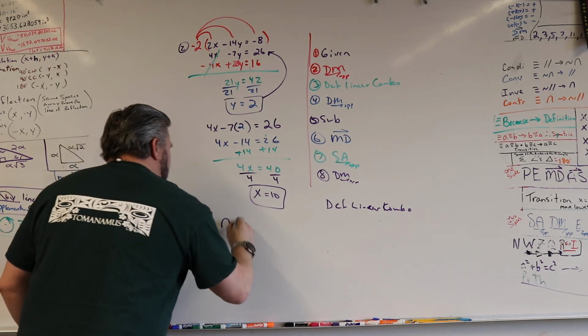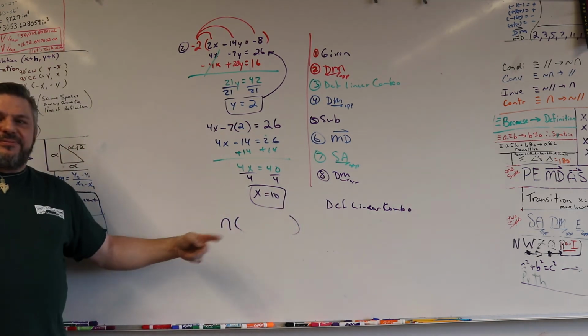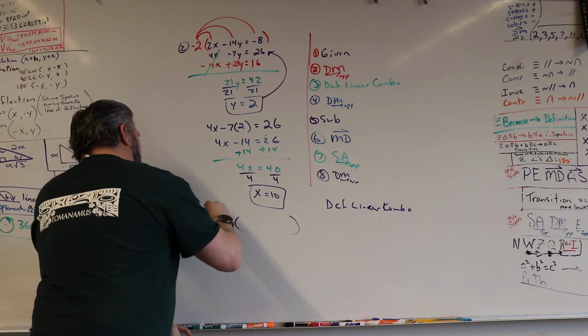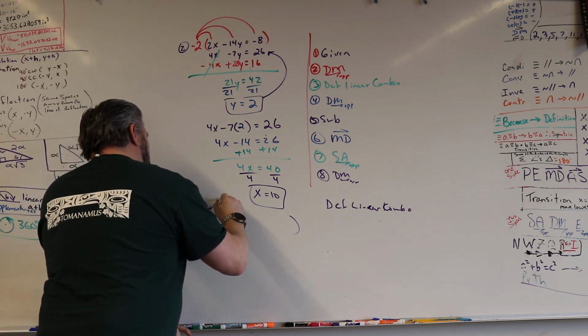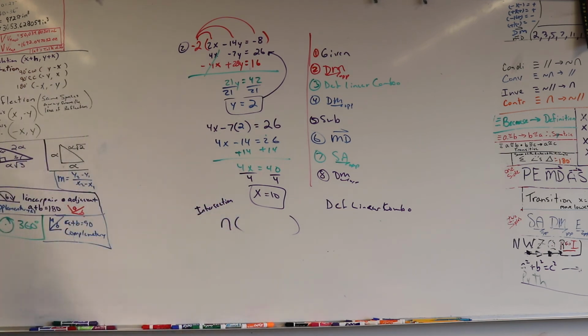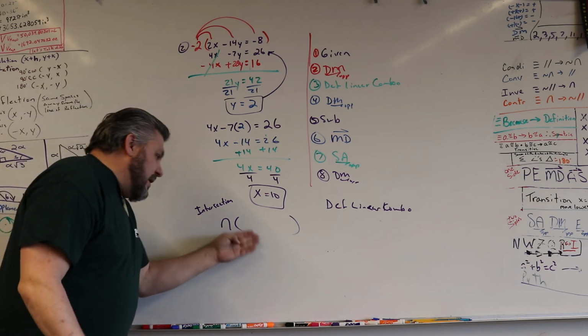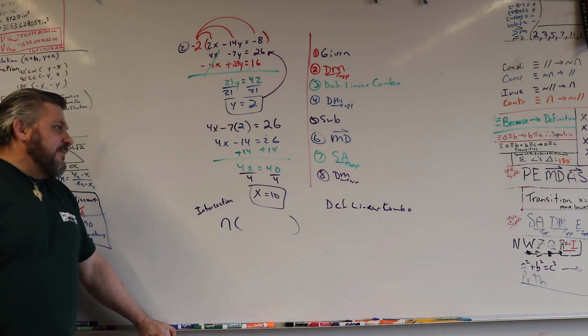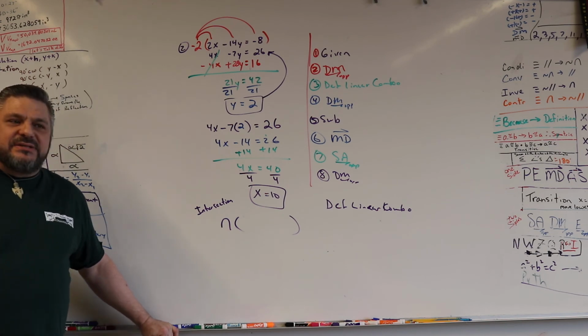where is our intersection? Notice the symbol for intersection. That symbol is for intersection. Or in other words, when something intersects. Okay? So intersection. What is our intersection? Is it 2, 10 or is it 10, 2?